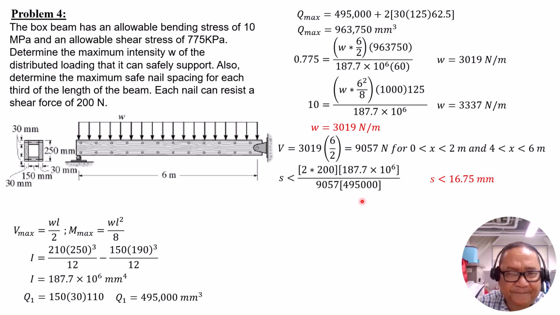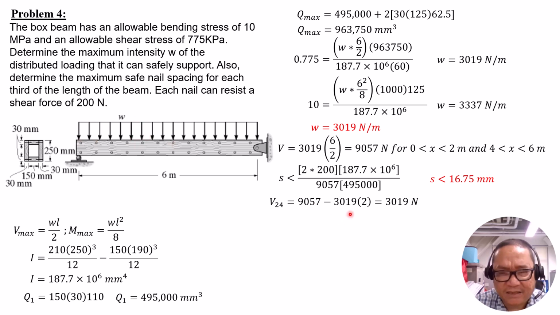Then for the second part, for the section from 2 to 4, the maximum shear there is equal to this shear force 9057 minus W times 2 meters.